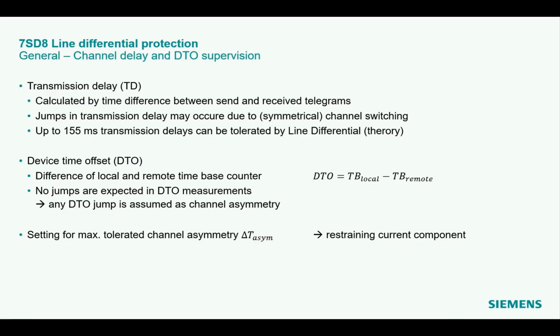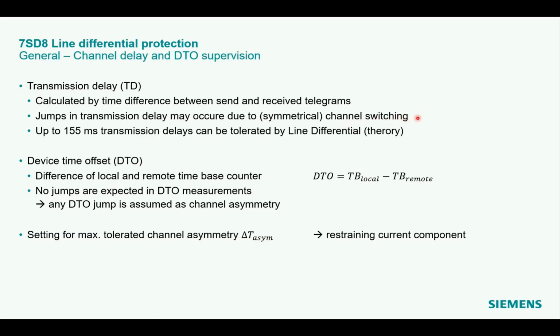The channel delay and the device time offset are supervised. The transmission delay is calculated by the difference between the sent and the received telegrams. Jumps in the transmission delay may occur, for example, if you have a symmetrical channel switching in the network.